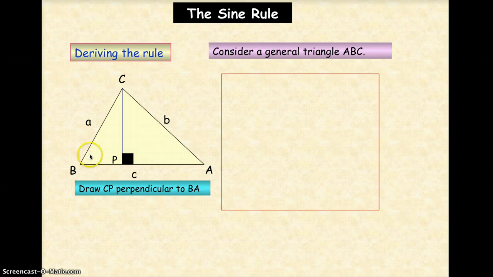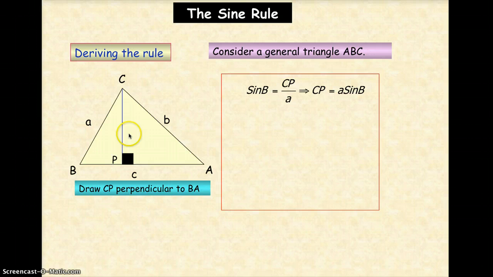Our reference angle will be angle B. So sine B is the opposite side divided by the hypotenuse, so that will be CP divided by A, being your hypotenuse. Reorganizing it, CP equals A sine B, using cross multiplication.